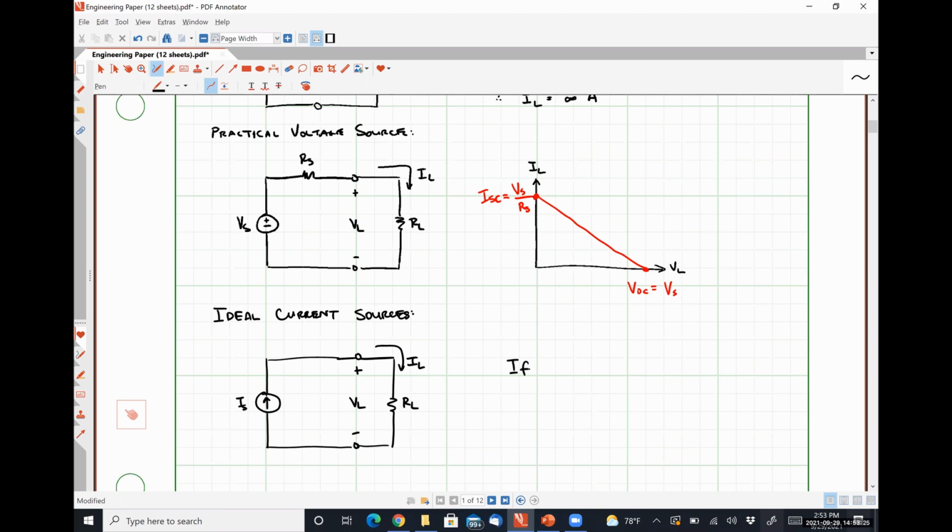So if RL is equal to infinity, then IL is equal to 0 amps and VL is equal to infinity volts. So our problem here is twofold. IL of 0 amps is the current leaving our source, which isn't carrying 0 amps of current.